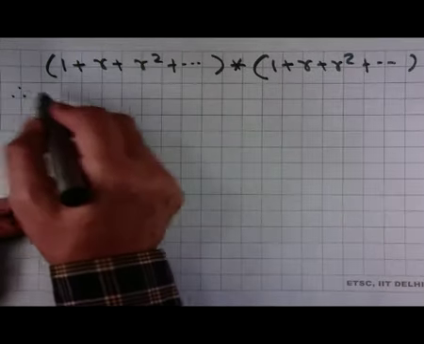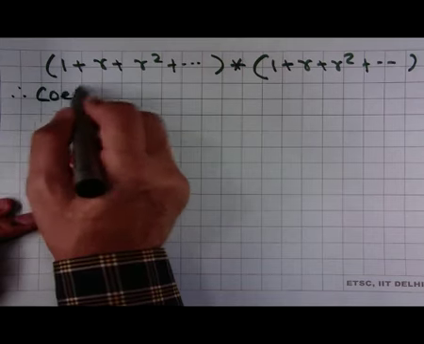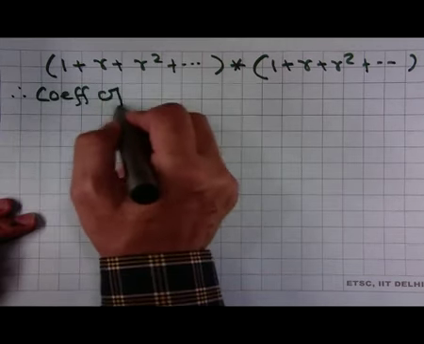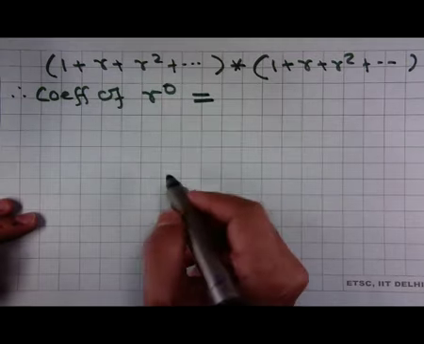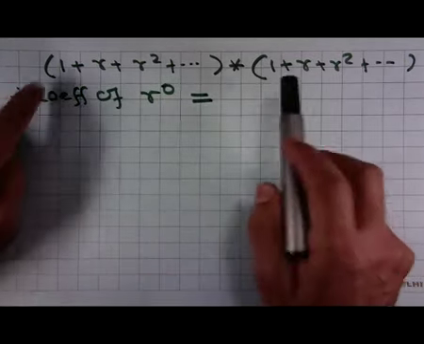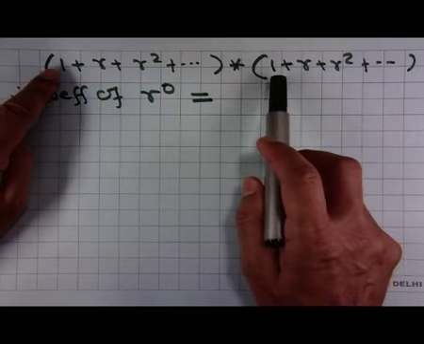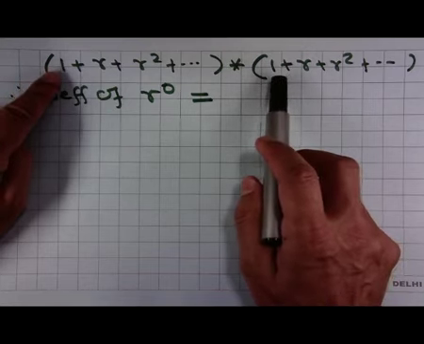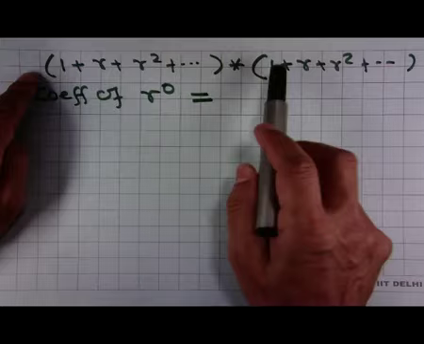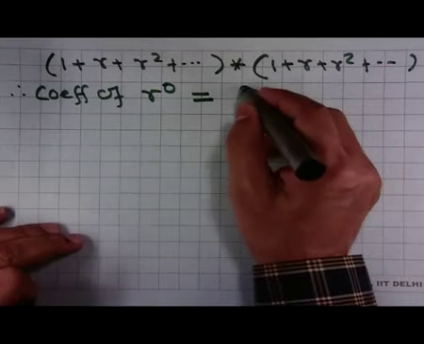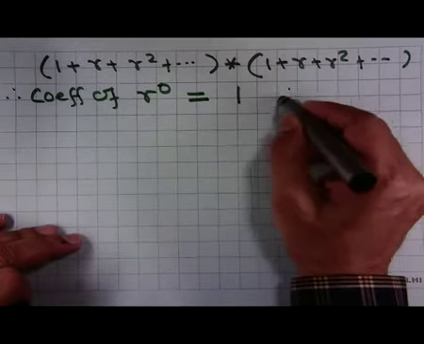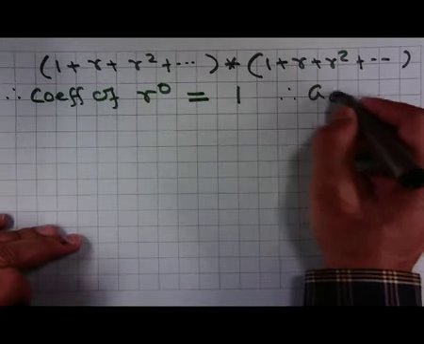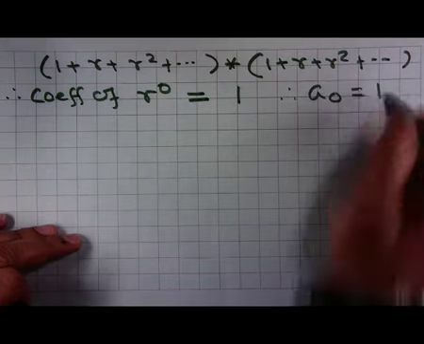Therefore, coefficient of r to the power 0: the only term that does not involve any r is the product of this into this, which is equal to 1. Therefore, a0 is equal to 1.